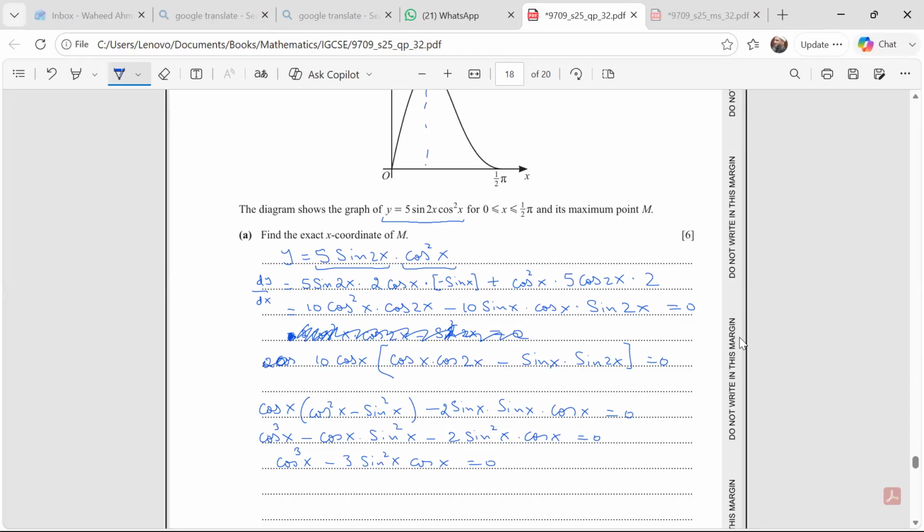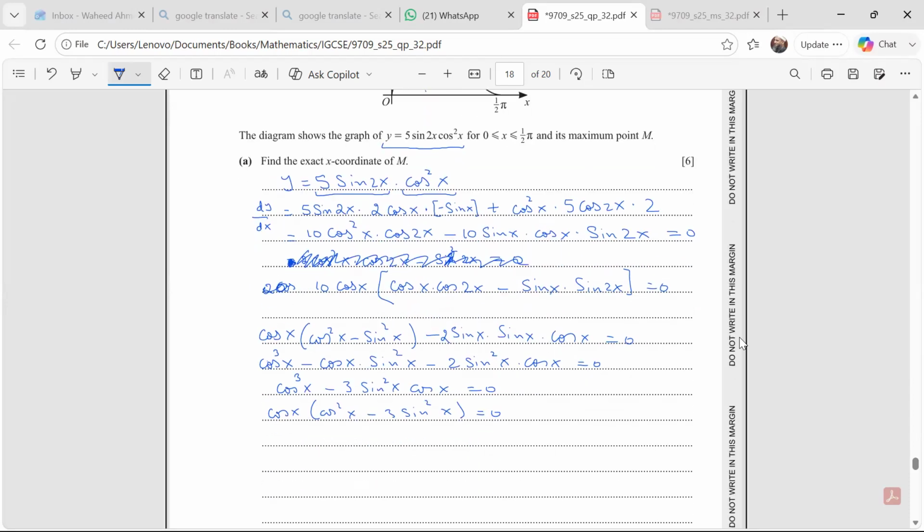I can take another cos x outside. So it will become cos square x minus 3 sine square x equal to 0. If I start from the beginning part, there was a cos x everywhere, which I didn't mention. So actually, I have cos square x equal to 0.